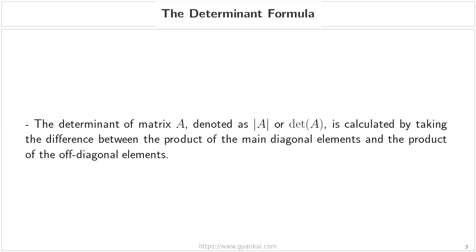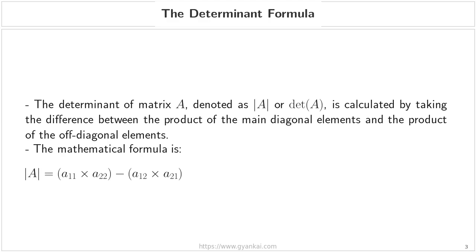Specifically, we take the product of the elements on the main diagonal and subtract the product of the elements on the off-diagonal. To put this into a formal mathematical formula, we say, the determinant of A equals a sub 1-1 multiplied by a sub 2-2 minus a sub 1-2 multiplied by a sub 2-1.